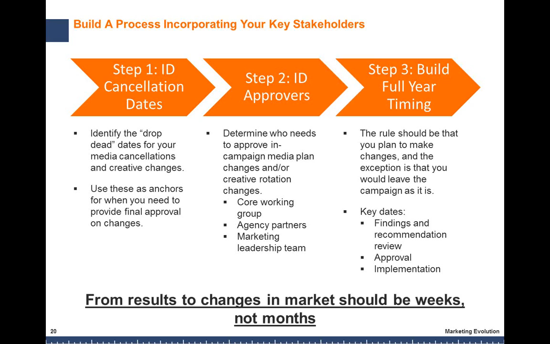One of the temptations that we've seen when working with our clients is this idea that this process should mimic the annual planning process. That process that I described earlier on, I know for a lot of clients can be a 3-month process, a 6-month process. From the day you get your initial results to the day the changes happen in market, it should be a matter of weeks and not a matter of months.